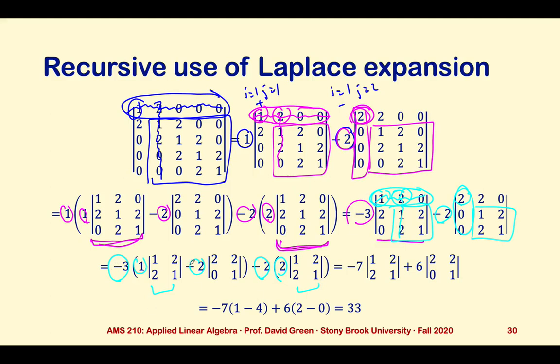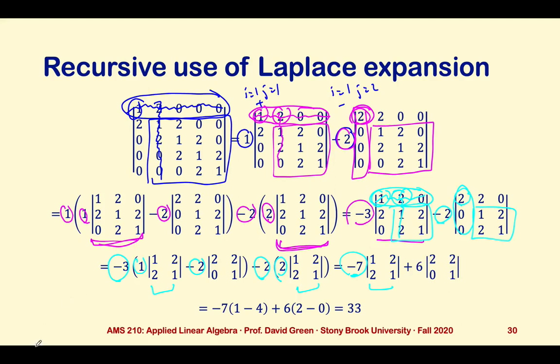Negative 3 times 1 times this determinant, minus 2 times that same determinant, give us negative 7 times that determinant. And the other piece, negative 3 times negative 2 times this determinant is plus 6 times this determinant.